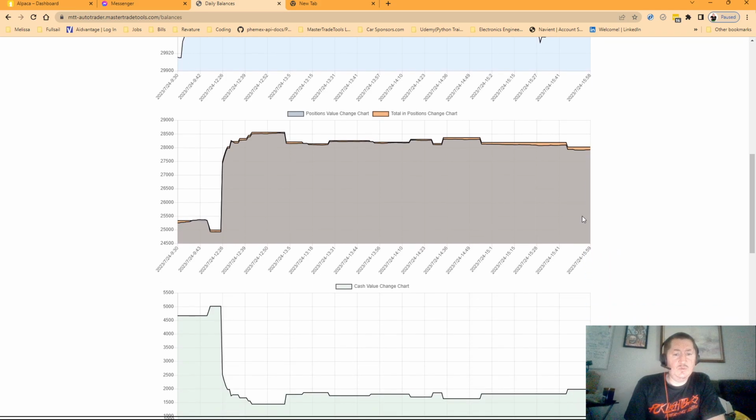And then down here we have our positions value change chart and our total in positions change chart. I think that's a little bit self-explanatory, but the positions value change chart is basically talking about the value of the current open positions at this particular time. And then the total in positions is the total amount you have in open positions at this time.